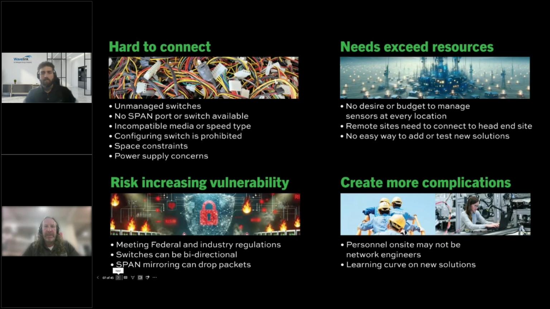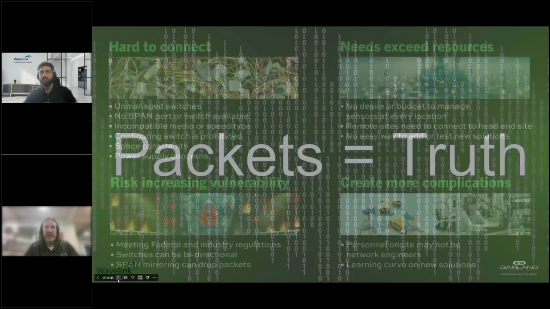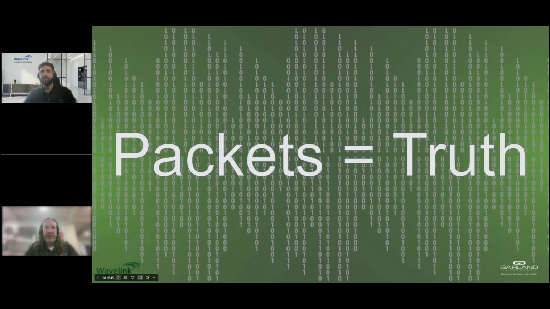We find some customers, especially in OT, may not have a very large security department running this. So it's important that we find easy, simple ways to address these concerns, and make it easy for our customers and partners to get after it.